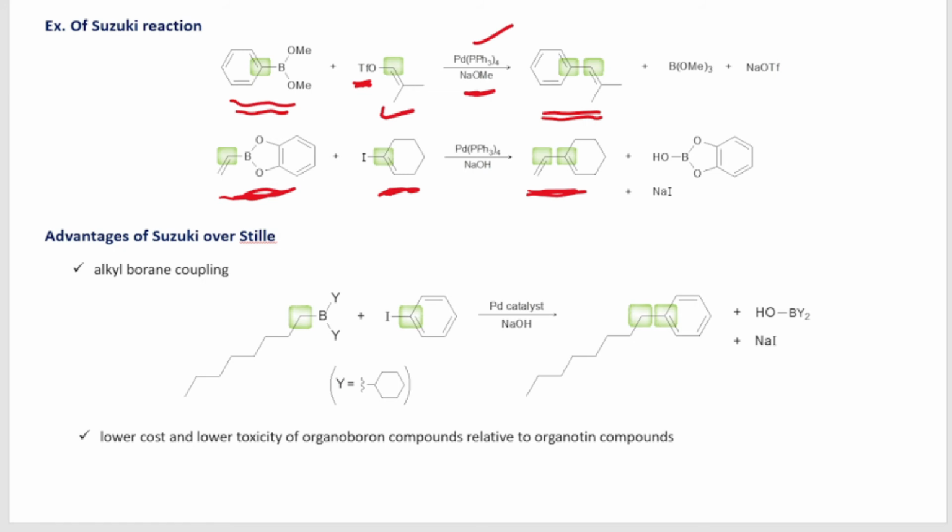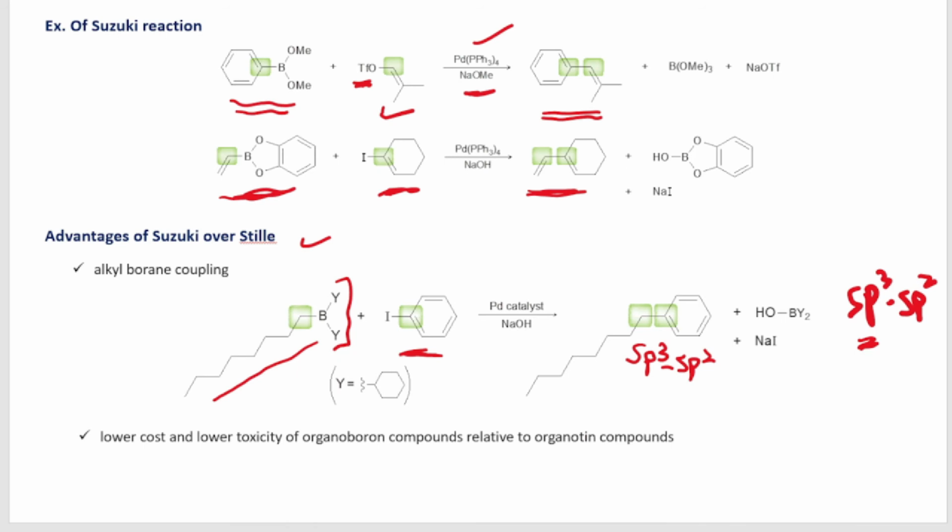So what is the advantage of Suzuki over Stille reaction? In the Suzuki reaction you can make sp3-sp2 bond formation. So sp3, when you take alkyl and at the end you attach borane, boronic ester or boric acid, and if you do the reaction with aryl halide, you will get sp3-sp2 bond formation.